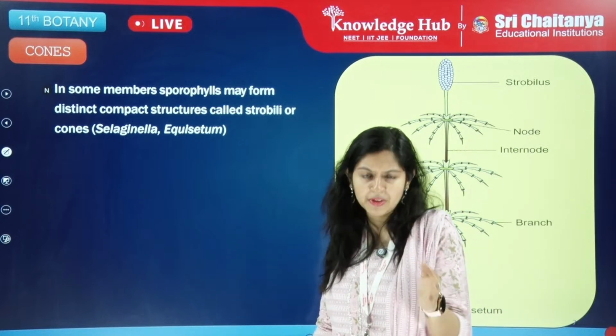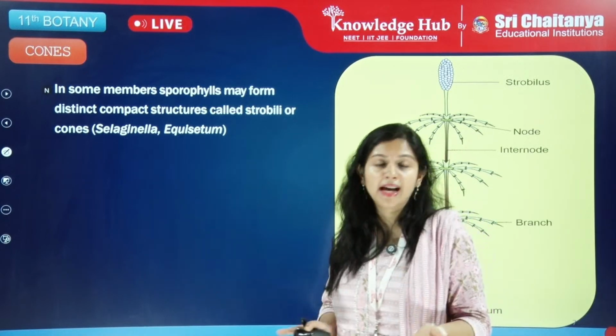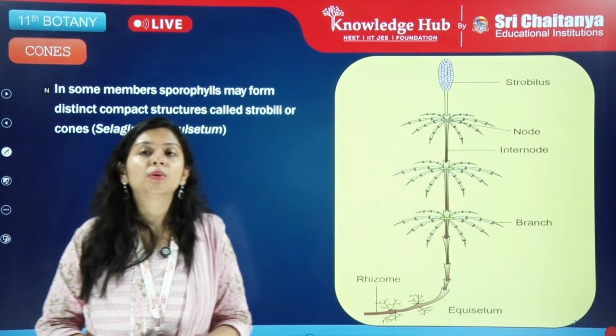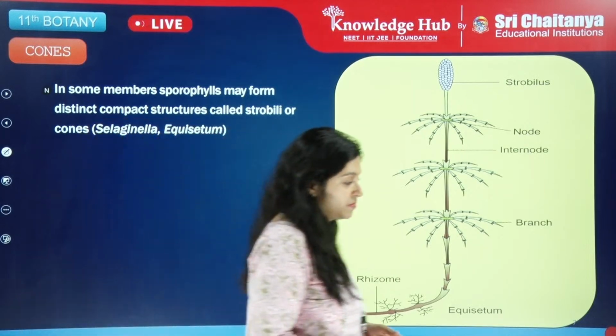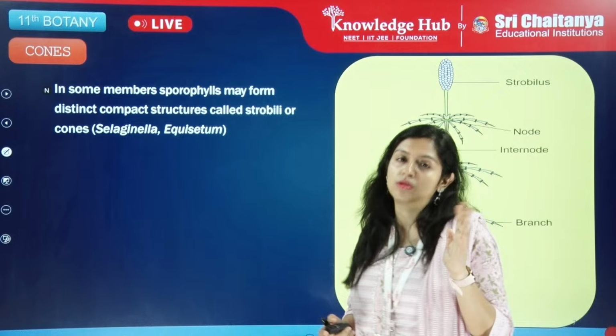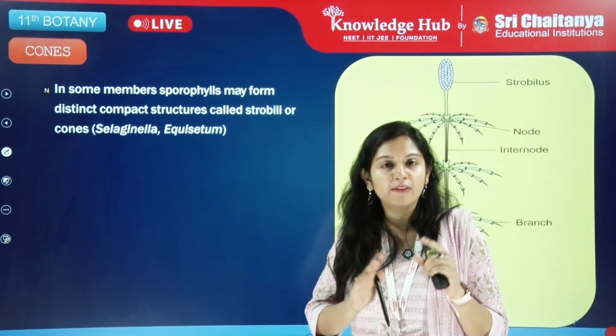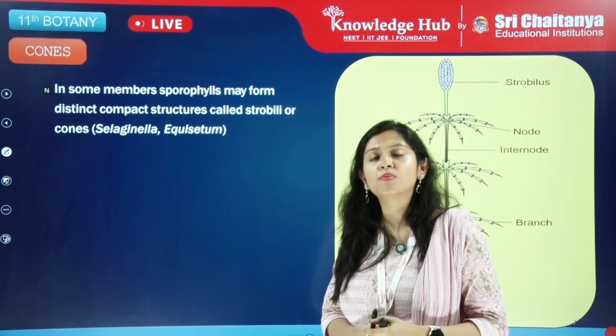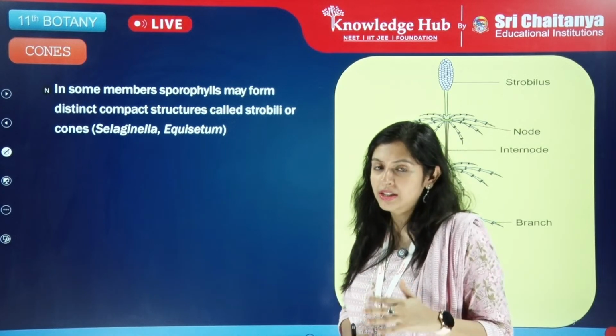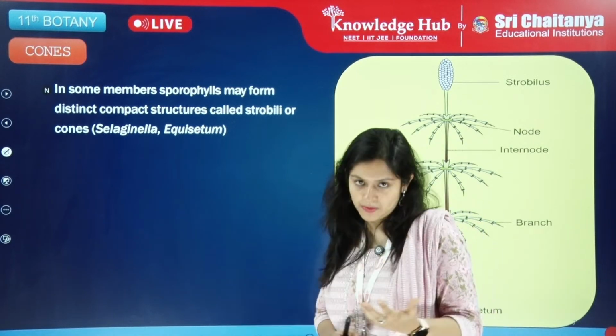Now cones. All the plants will not have sporophylls altogether. So what do they have? They have cones. Some of the plants have cones. Cones are a more compact structure than the leaves.